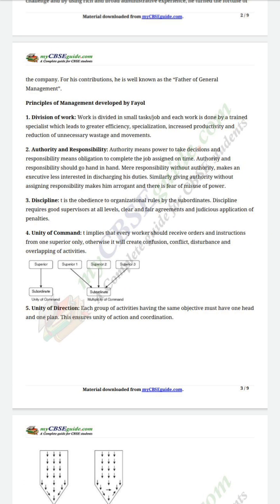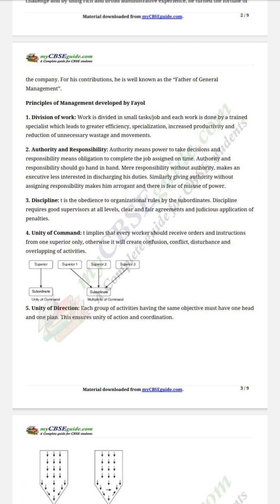So you should be very thorough in all the features, concepts and importance of each heading, and in the principles developed by Fayol.